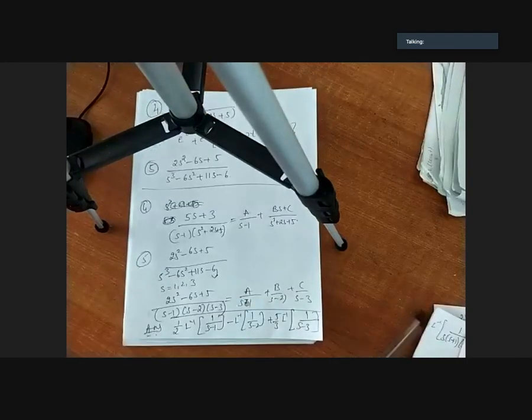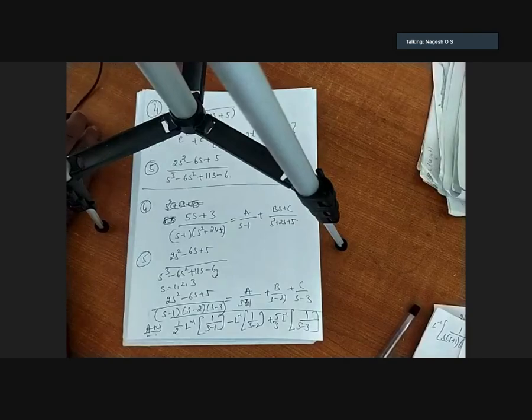This is the answer for this. Try these two problems.